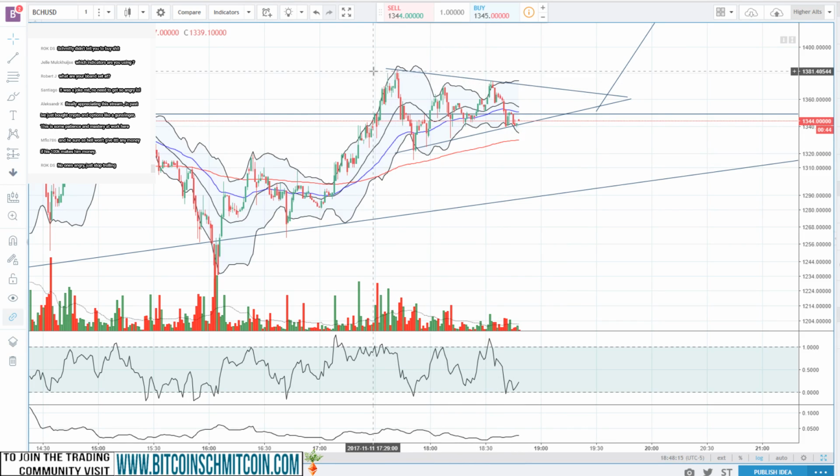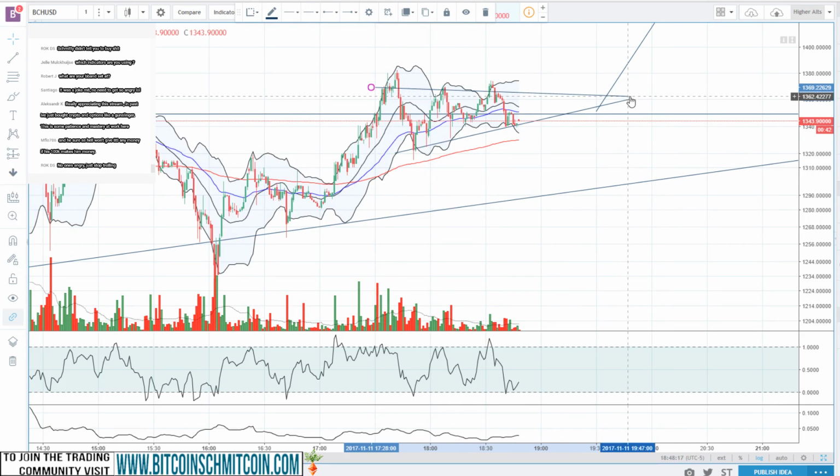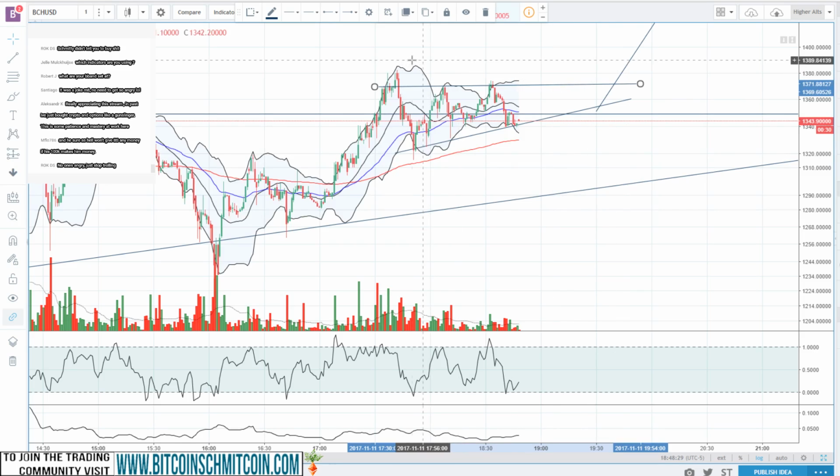I'm starting to think this is looking like an ascending triangle, just based off these two tops here, something like that. Sometimes with an ascending triangle, you get some initial blow off on the top, so you can just kind of disregard it.